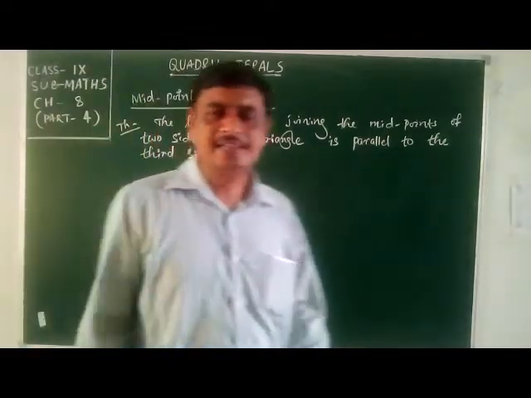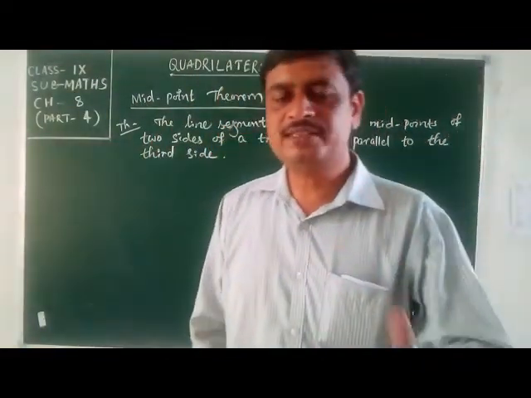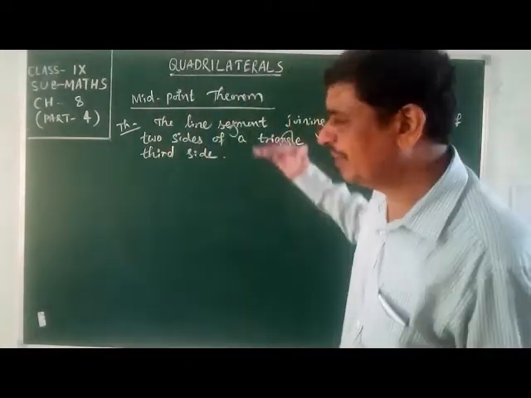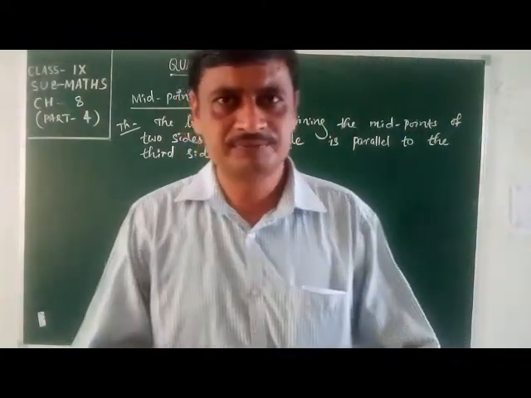When a line segment joins the midpoints of any two sides of a triangle, it becomes parallel to the third side. How can it be proved?